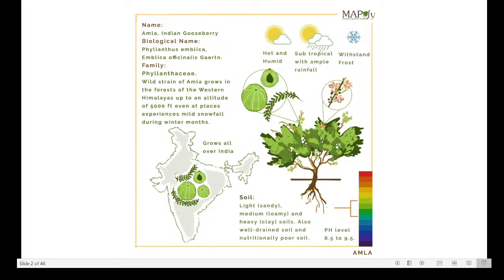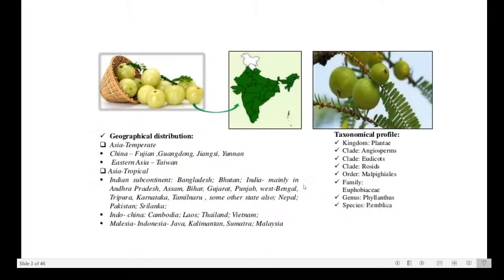Okay, next thing is that it's present over Asia, in countries such as China, Eastern Asia, India, Indonesia, Pakistan, Malaysia. You can see it is present in many of the Asian countries in this geographical distribution. Why am I mentioning this?